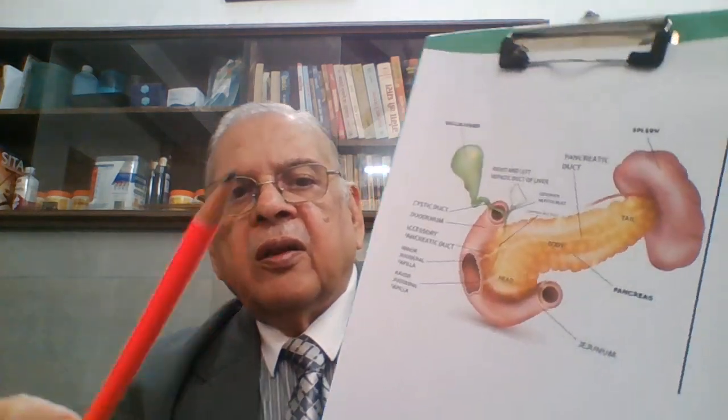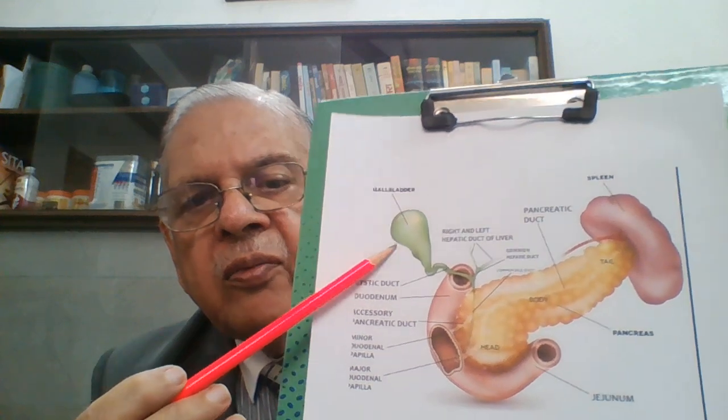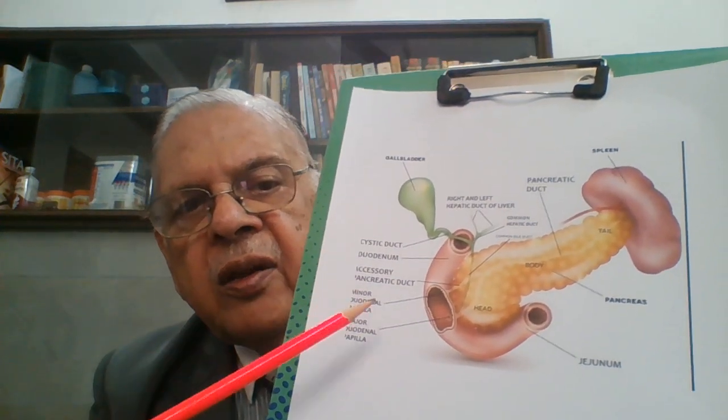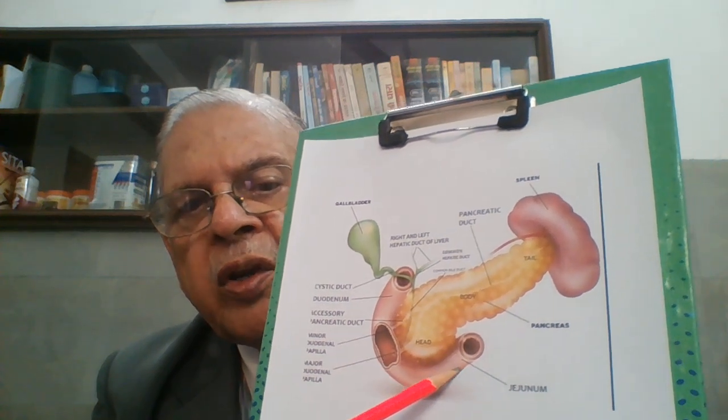Now let us look at another diagram to elaborate the thing which I am trying to explain you. This is the gallbladder, which means it is the right side. This is the area of the small intestine which we call as duodenum.